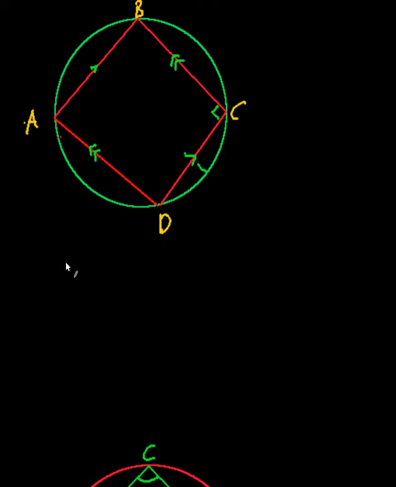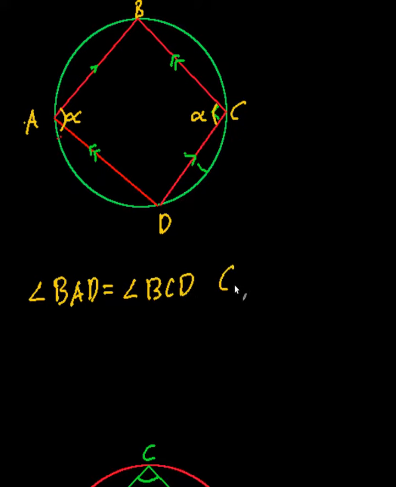What I can say is that this angle over here, let's call it alpha, is going to be this angle over here, simply because it's a parallelogram, right? So opposite angles of a parallelogram. So I'll write it down and say angle BAD is equal to angle BCD, opposite angles of parallelogram.